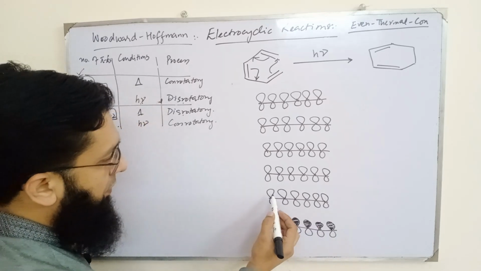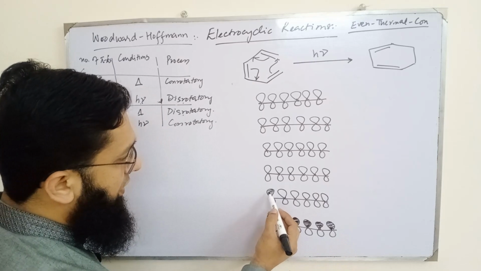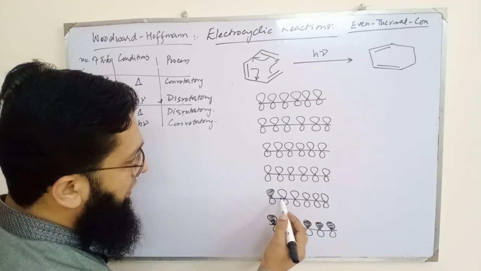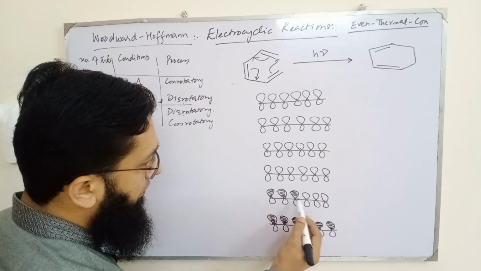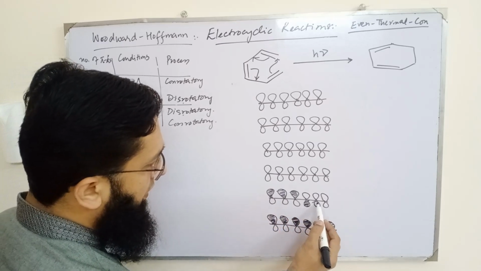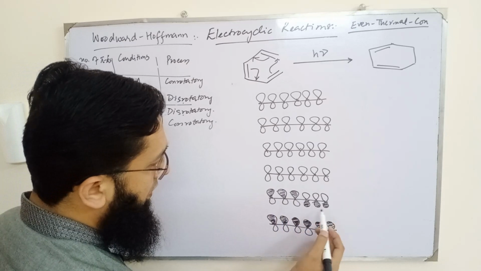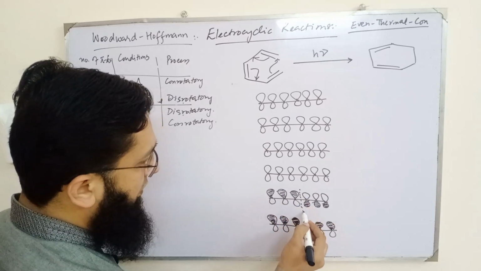In the upper levels of energy of molecular orbitals, we will get a node, and it is antisymmetric, so here would be one node.